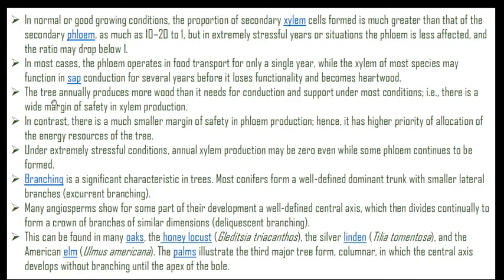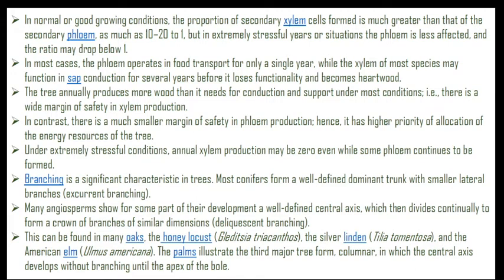Then the tree annually produces more wood than it needs for conduction. Meaning, at the time of growth the plant can develop many more cells than are needed for conduction, and whatever extra cells are developed are utilized for mechanical support, while there is a wide margin of safety in xylem production.